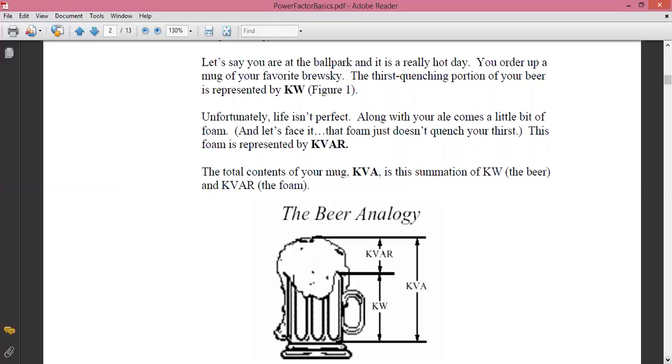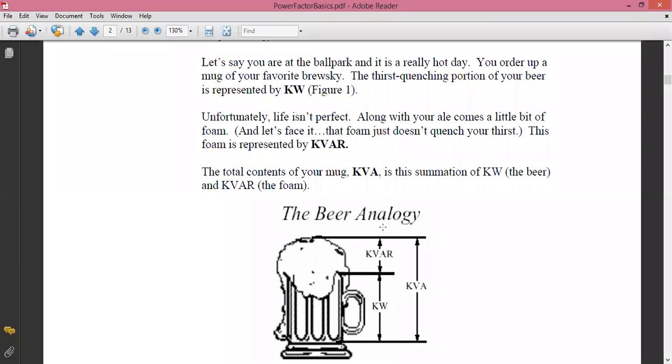That means the liquid present in the beer that helps quench the thirst is called kW. As you see in the diagram, this mug is full of beer, and on the top of the mug there is foam, and below it is the liquid, which can be used to quench your thirst, and this is your kW.